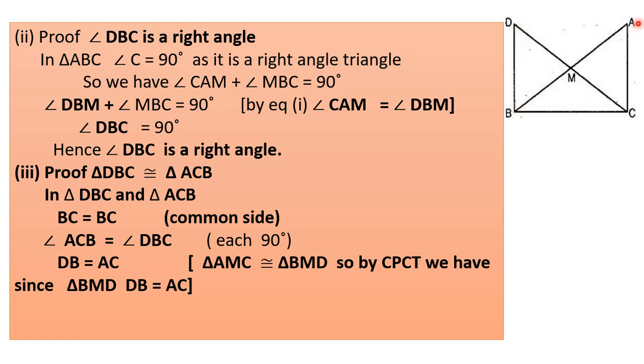And DB is equal to AC, as triangle AMC and triangle DBM are congruent triangles. So by corresponding parts of congruent triangles, we can write DB is equal to AC. So again, side, angle, side: the triangles are congruent by the SAS congruence rule.